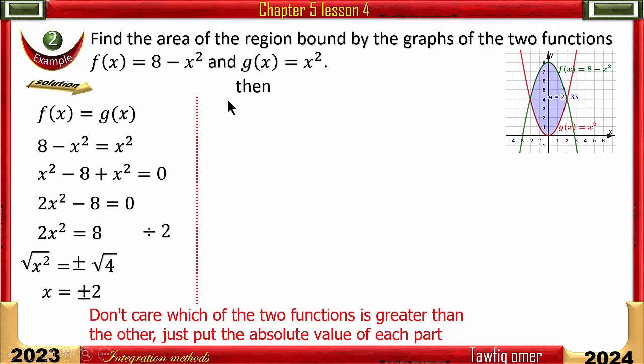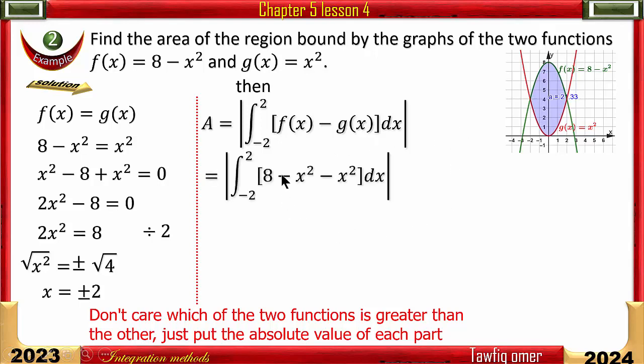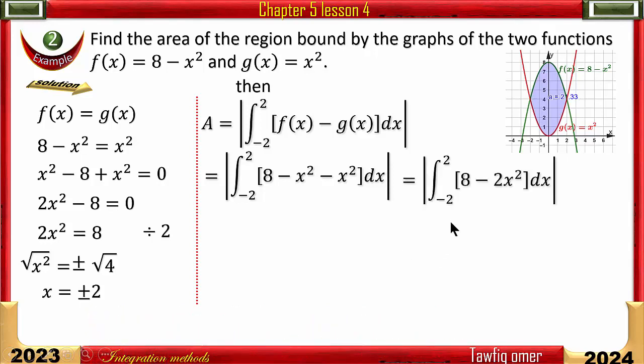So the area is equal to the absolute value of the integration from minus 2 to 2 of f of x minus g of x dx. F of x is 8 minus x squared minus g of x, which is x squared. Simplifying, it becomes the integration from minus 2 to 2 of 8 minus 2x squared dx.